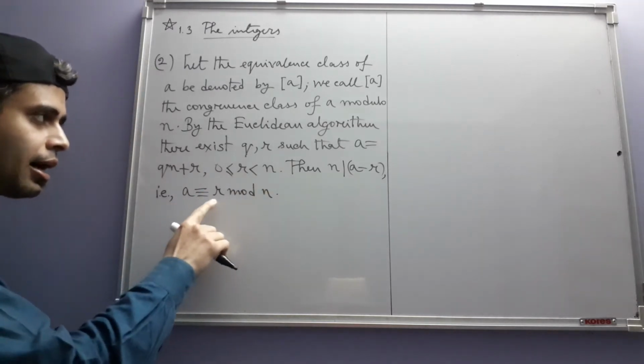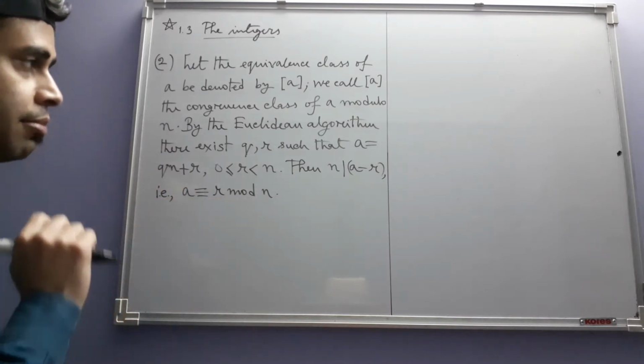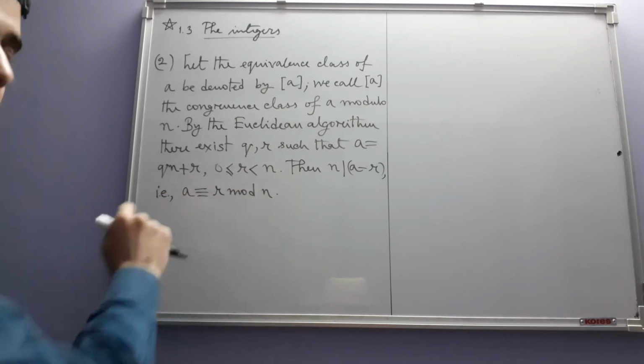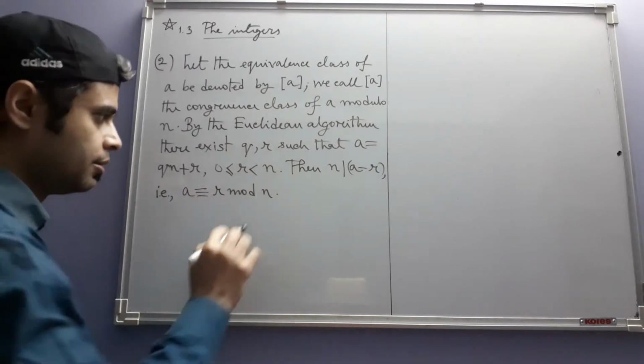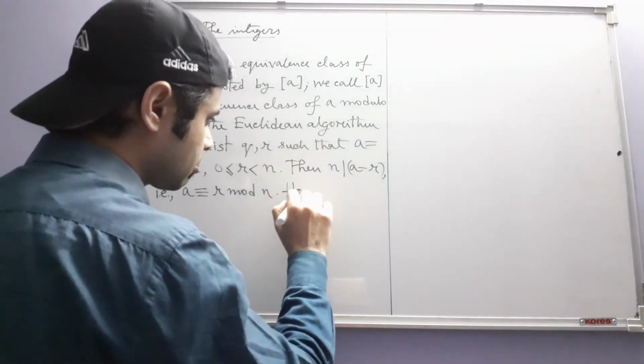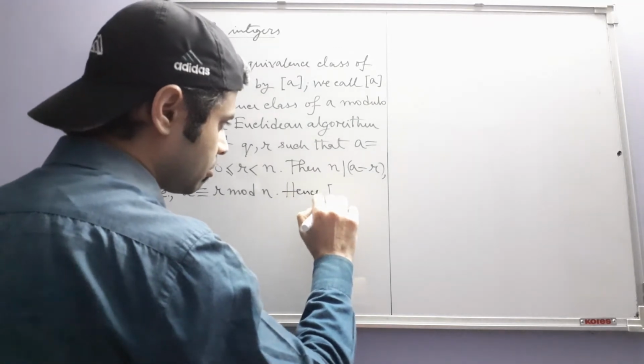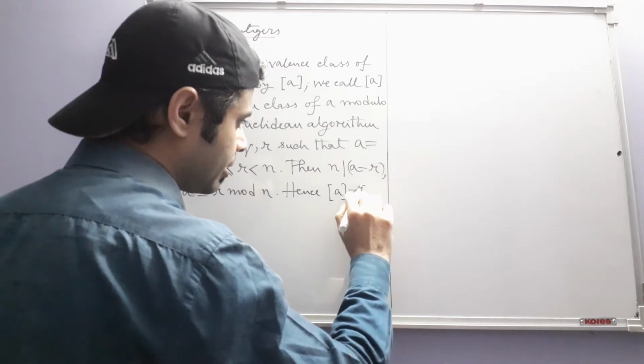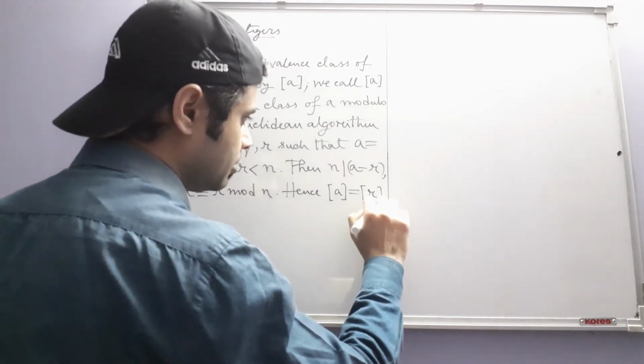So a and r belong to the same congruence class, or same equivalence class, under this relation congruence modulo n. Hence, the equivalence class containing a and that containing r are the same.